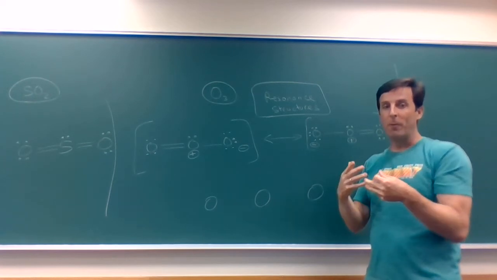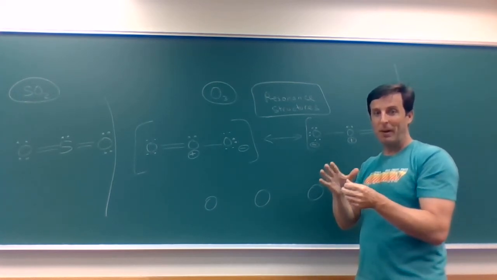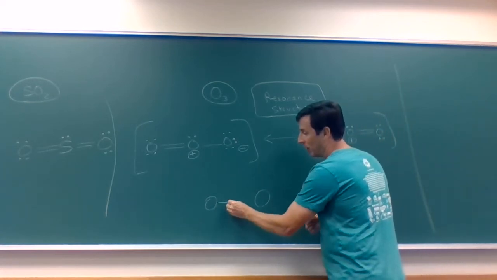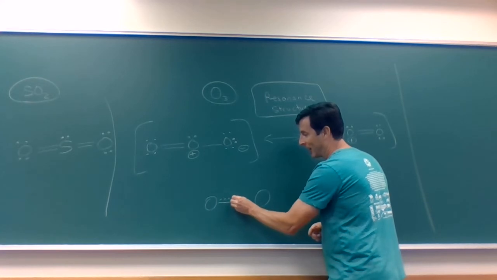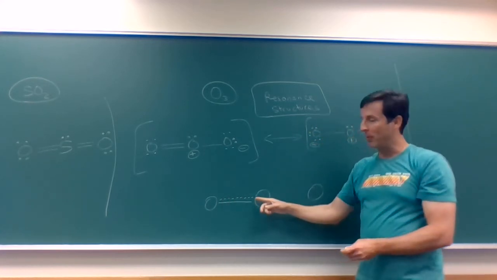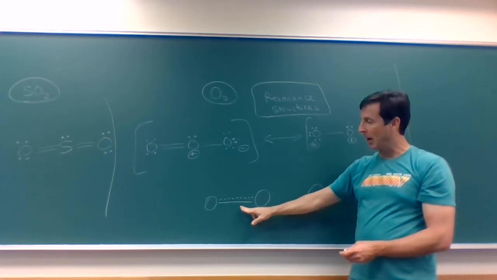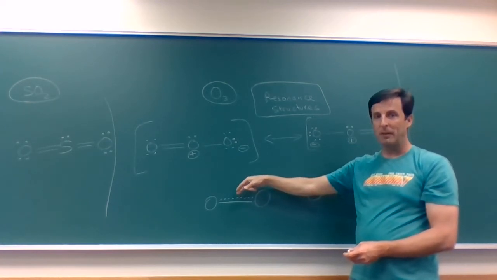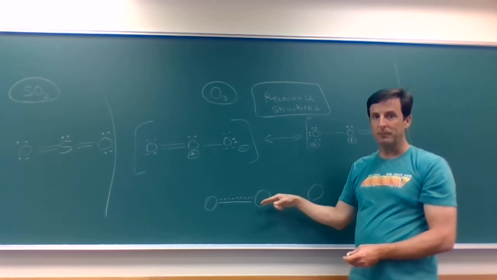So the true form of the molecule is going to be halfway between a single and double bond. So I'm going to draw a solid line and then a dotted line to represent 1.5 bonds. It's a full bond and then a partial bond to show that there's 1.5 bonds between those 2 oxygens.